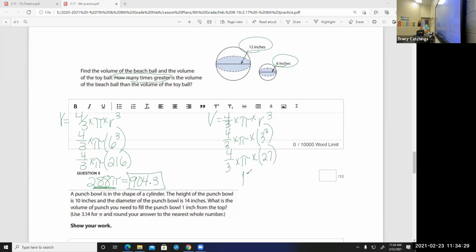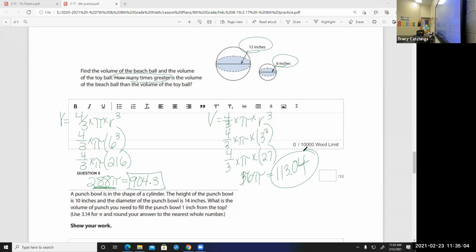That's 36, so now we've got 36 pi. So we've got 904 and then 113.